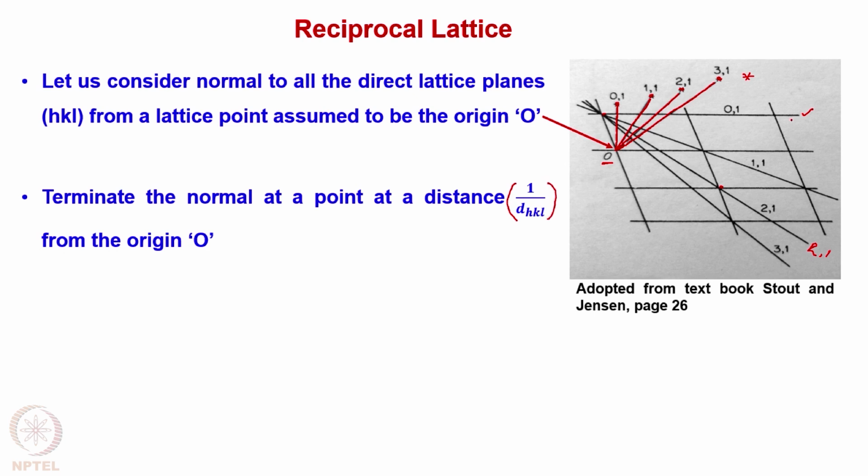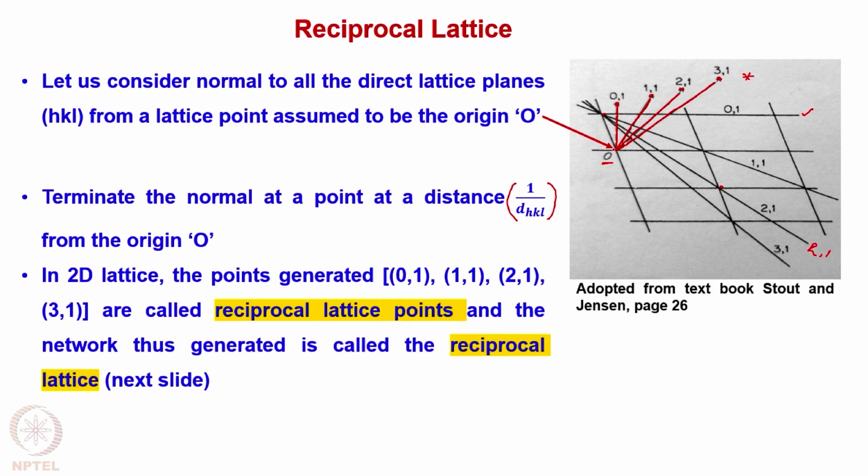That means the distance between the set of 0, 1 planes is d_01, so we cut it at 1 by d_01 distance from the origin O. So now, as we find in this 2D lattice, we have points 0, 1, 1, 1, 2, 1 and 3, 1, which represent individual lattice planes in the direct lattice.